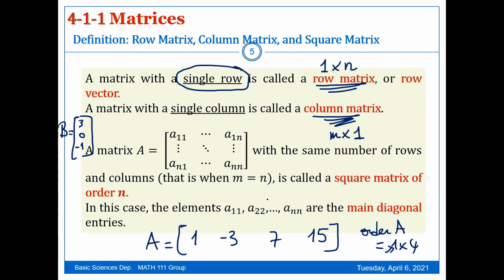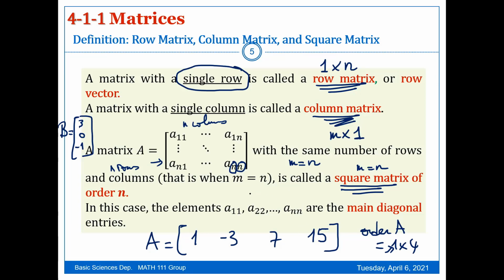When we have the same number of rows and columns, n rows, n columns, and m equals n, how do we call this matrix? This is a very important matrix. Square matrix. So a square matrix means that m equals n, the same number of rows and columns.